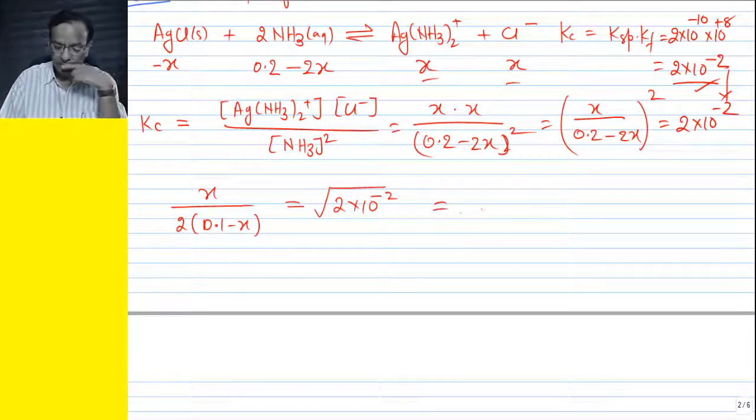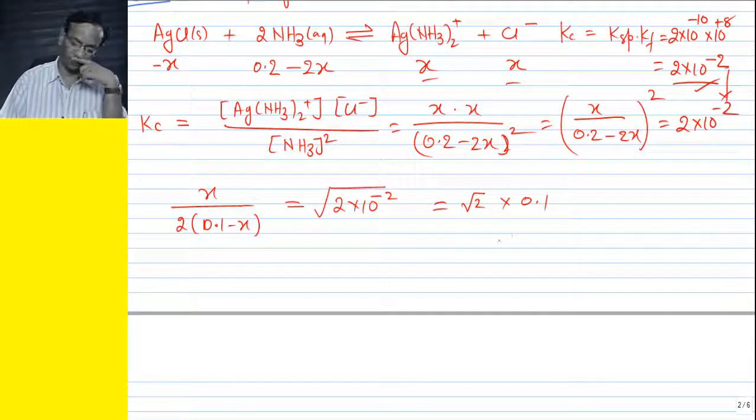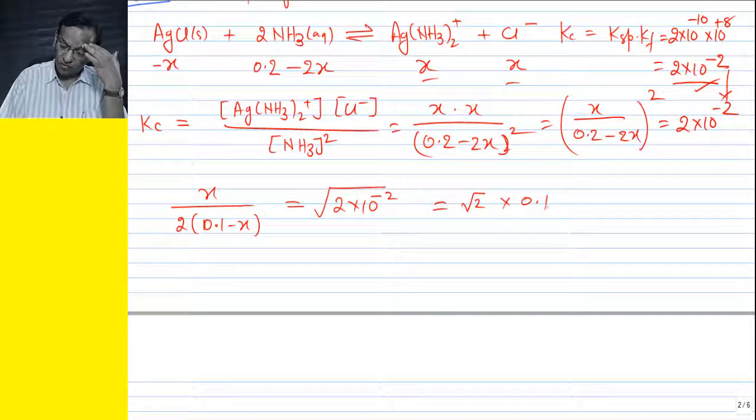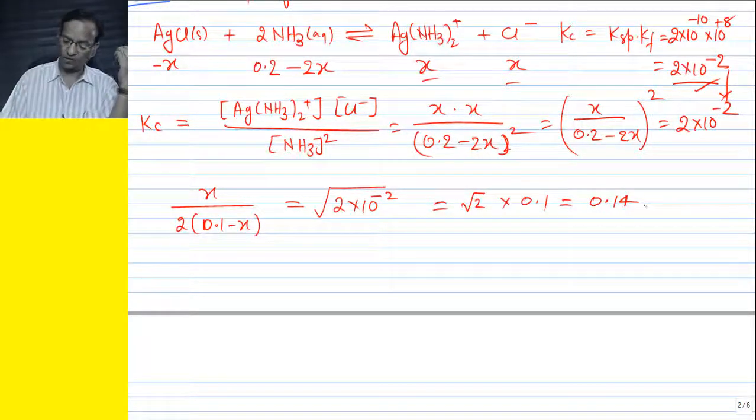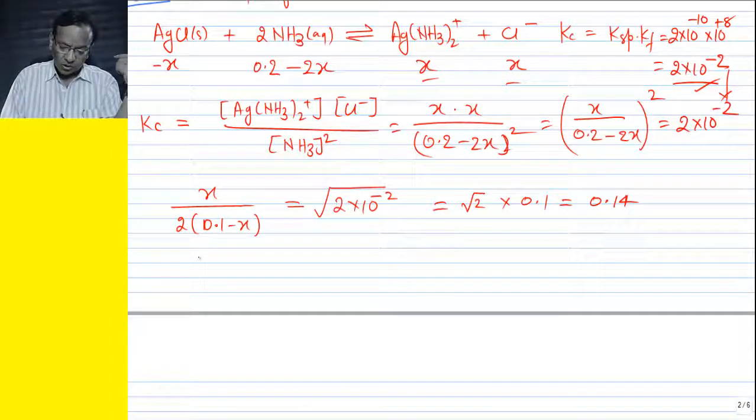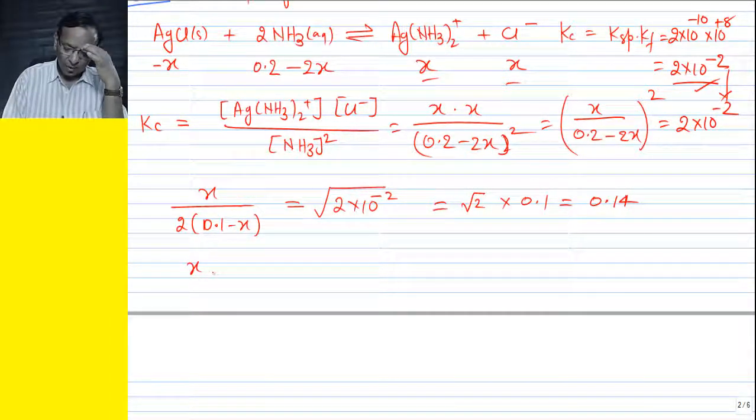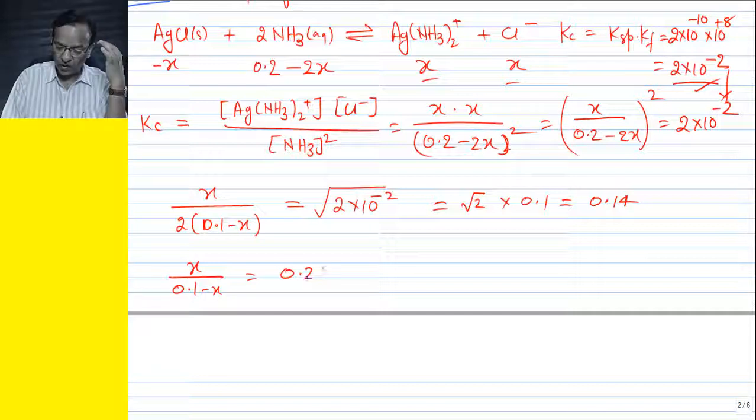So it will be root 2 into 0.1. Root 2 is 1.4, so into 0.1 will be 0.14. So x upon 0.1 minus x, taking the 2 to the other side, will make it 0.28.